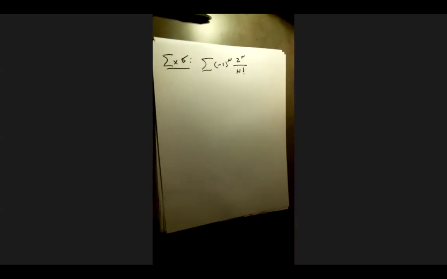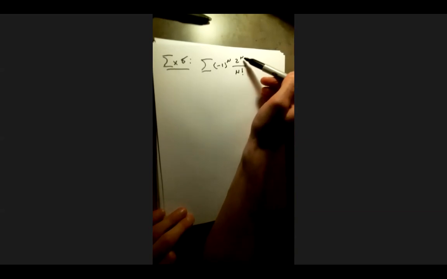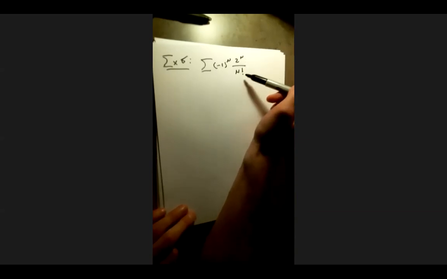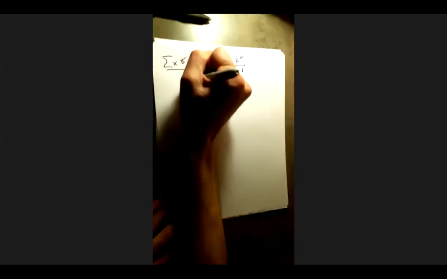All right. So when you see powers or you see factorials, these are an indication that you should consider using the ratio test.